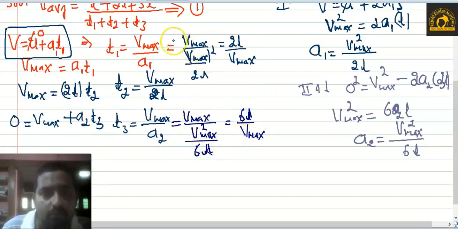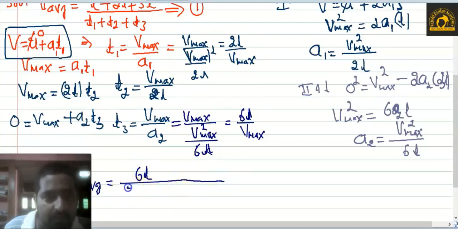So now put those values on equation 1. Equation number 1 becomes: the average speed V average is equal to 6L divided by T1, where T1 is 2L divided by V maximum, plus T2.